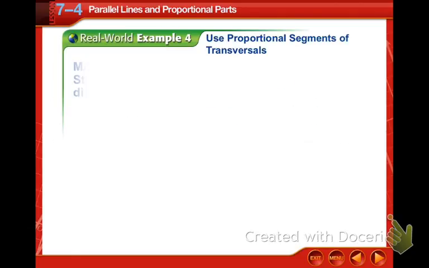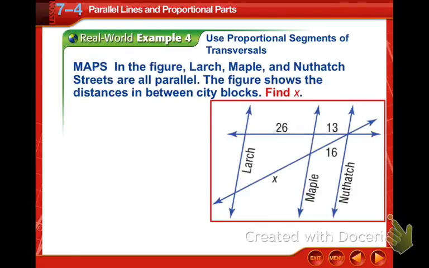So let's use this. Here we actually are conveniently given a triangle. So if the street here that's not named, but has X and 16 on it, would not have intersected, then we still could have used our proportion, since we know that Larch, Maple, and Nuthatch are all parallel to each other.